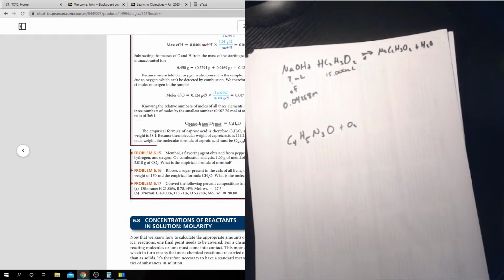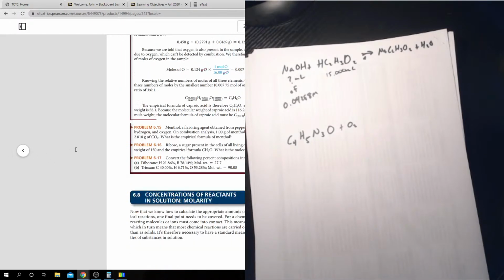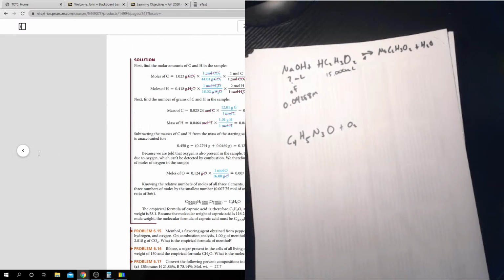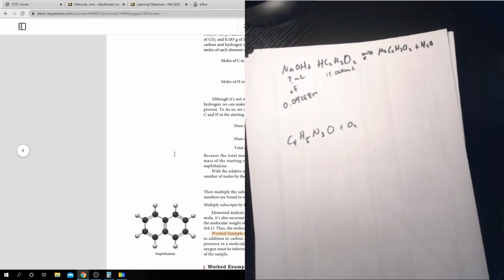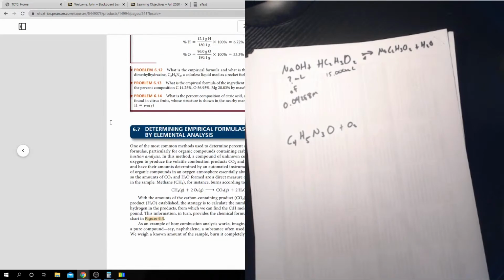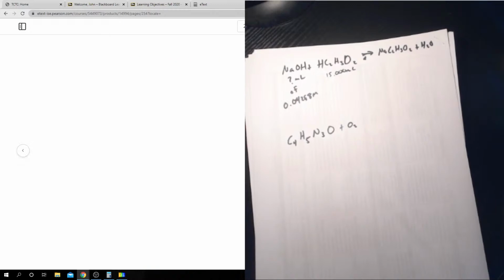And I noticed that none of these examples include nitrogen. That's why I always just either gave you the mass percent of nitrogen, or... Okay, this is an annoying problem just for that reason alone.